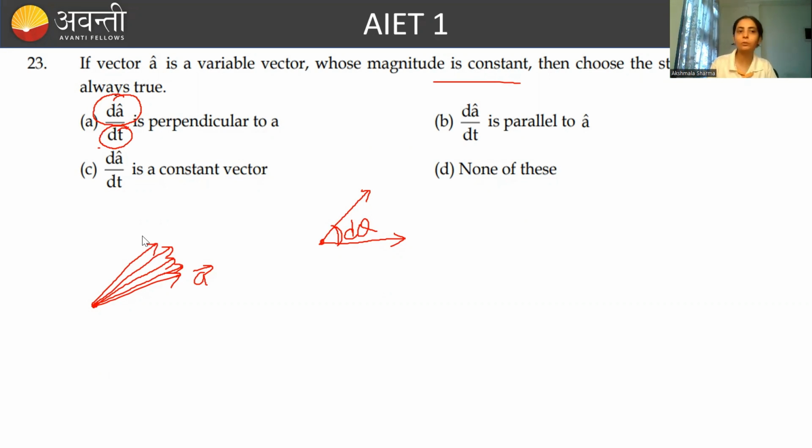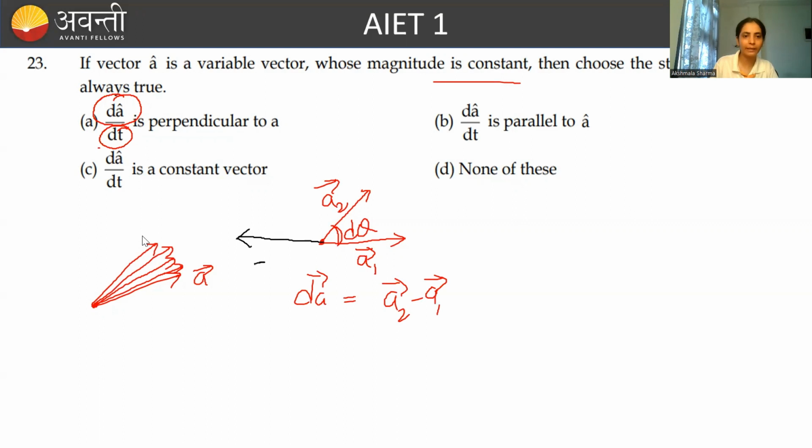Done. So let's calculate the change of vector first. Suppose this is a1 and this is a2. So dA vector means what we have to do? a2 minus a1. Again, a2 minus a1 means how much angle will be between these two vectors?